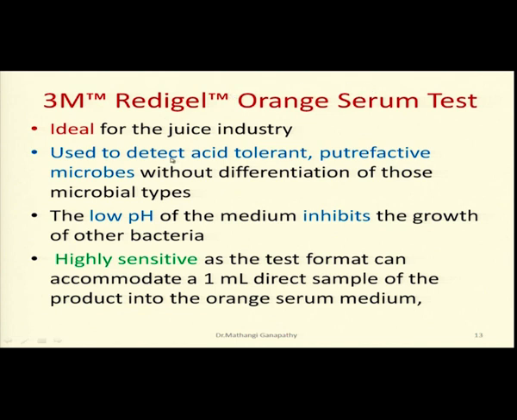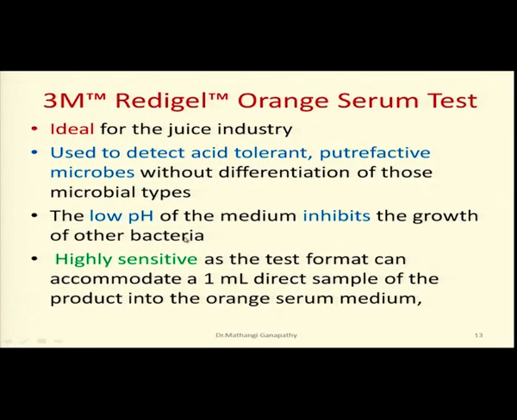This is very useful for the juice industry to test whether the juice, either fresh or refrigerated, has microbial contents, and it is used to detect acid tolerant putrefactive microbes without differentiation of those microbial types. So we are just going to detect whether there is a microbe. We are not going to say yes, this is this microbe, this is that microbe. Such a distinction is not going to be made.